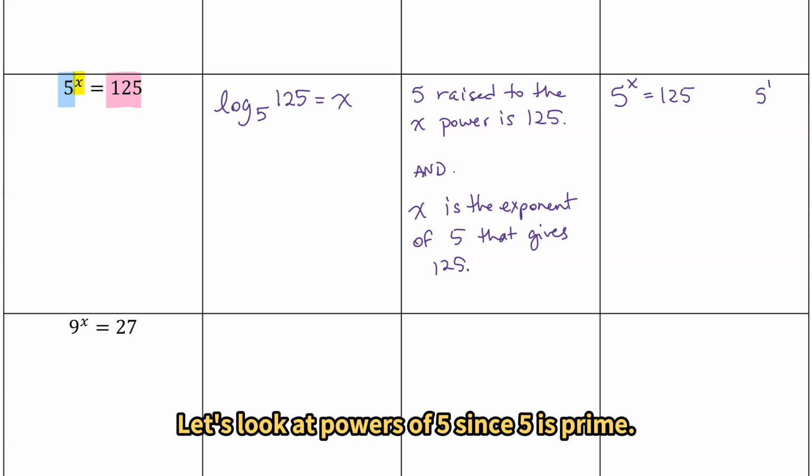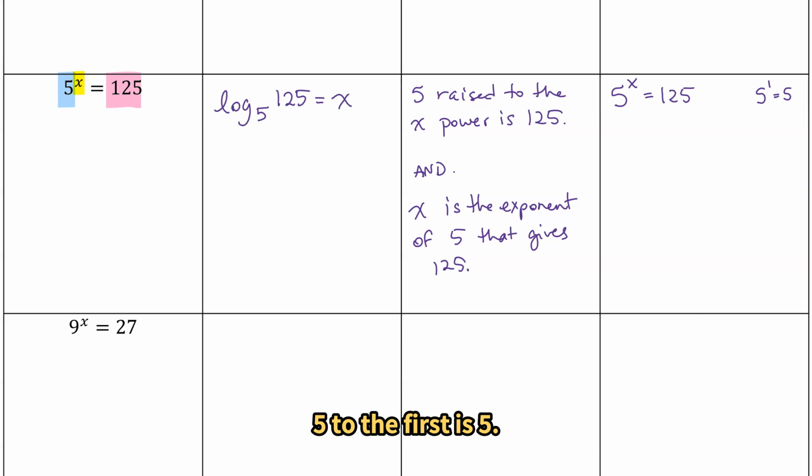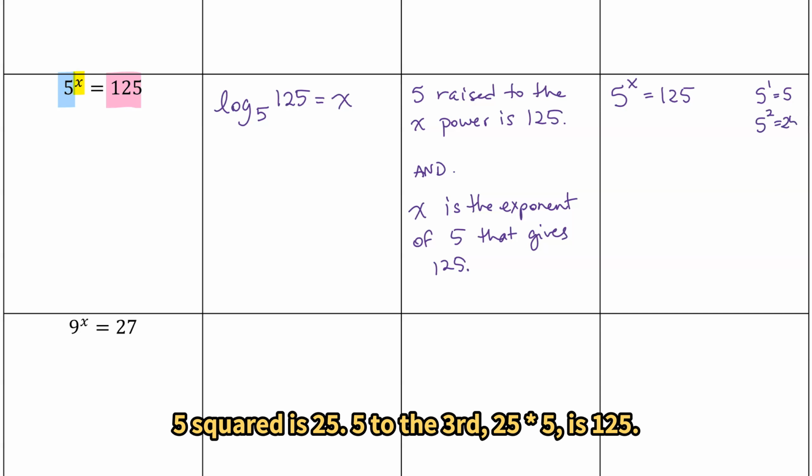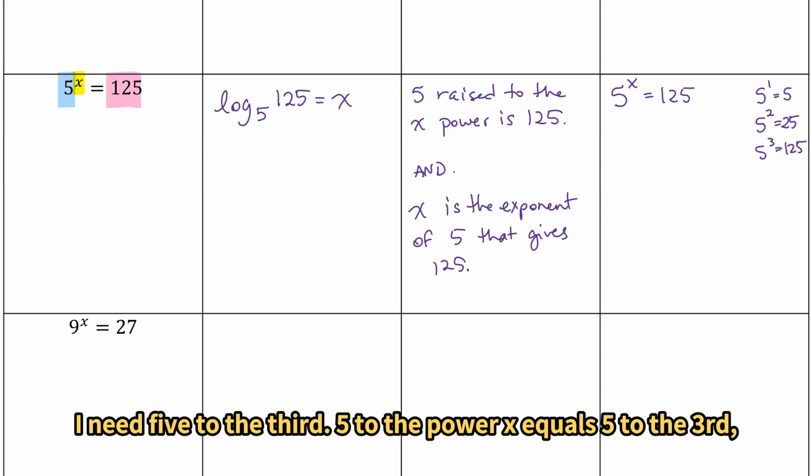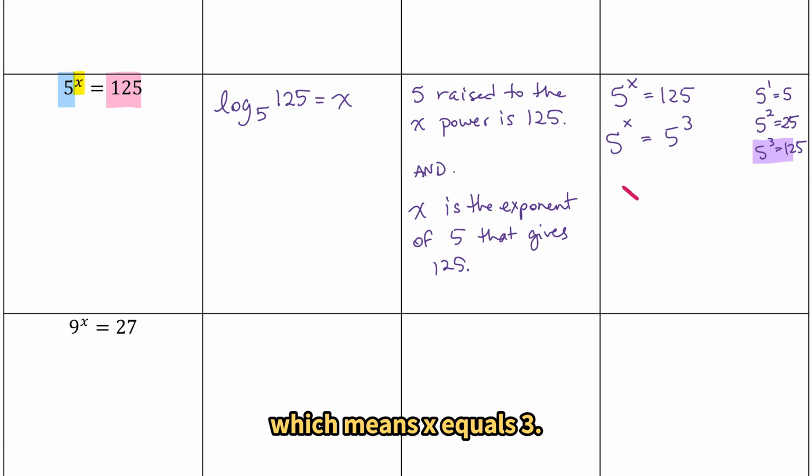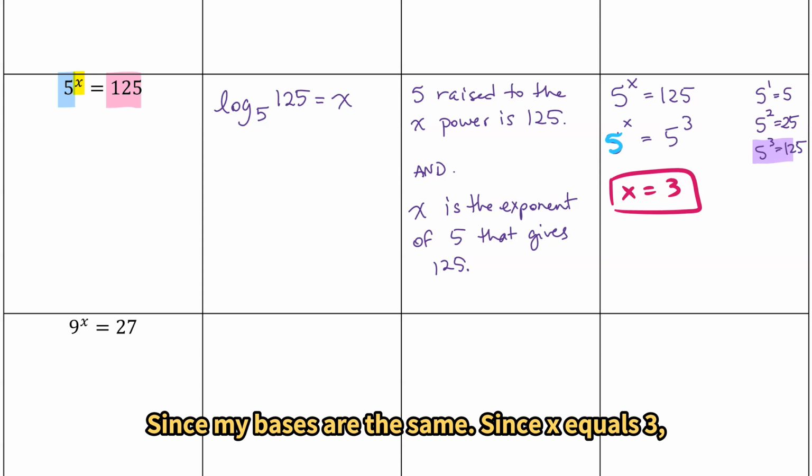Let's look at powers of 5, since 5 is prime. 5 to the first is 5. 5 squared is 25. 5 to the third, 25 times 5 is 125. I need 5 to the third. So 5 to the power x equals 5 to the third, which means x equals 3, since my bases are the same.